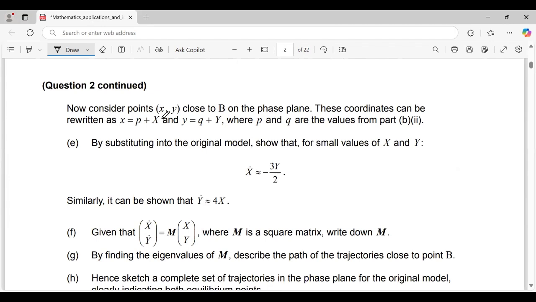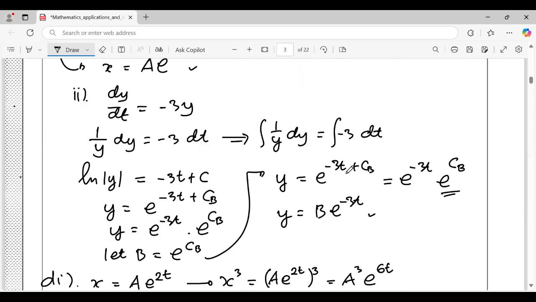According to our result on part B2, p equals 3 and q equals 4. By substituting into the original model, show that for small values of x and y, x is approximately 3y minus 3y over 2. Move to part E.